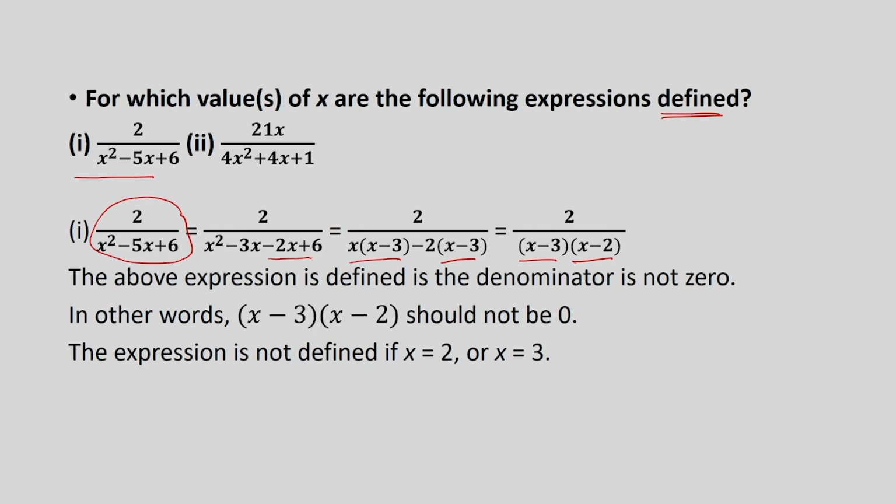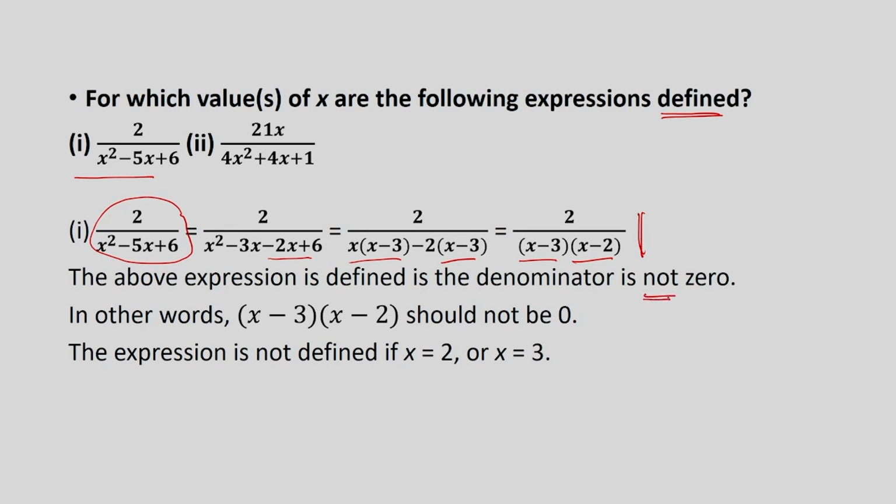Now, the point that is important in this problem, the point that we are going to use, is that this expression, 2 divided by x minus 3, x minus 2, is defined if the denominator is not 0.